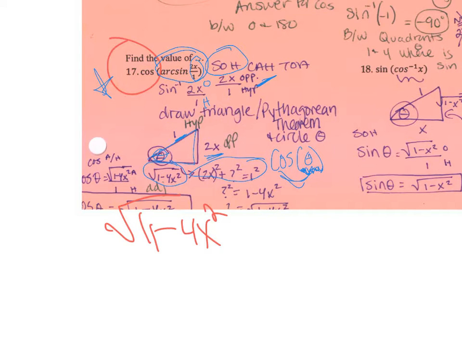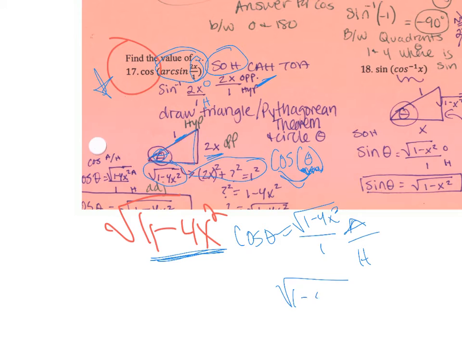So when you look at the triangle, adjacent is square root of 1 minus 4x squared over 1. So your final answer is square root of 1 minus 4x squared.